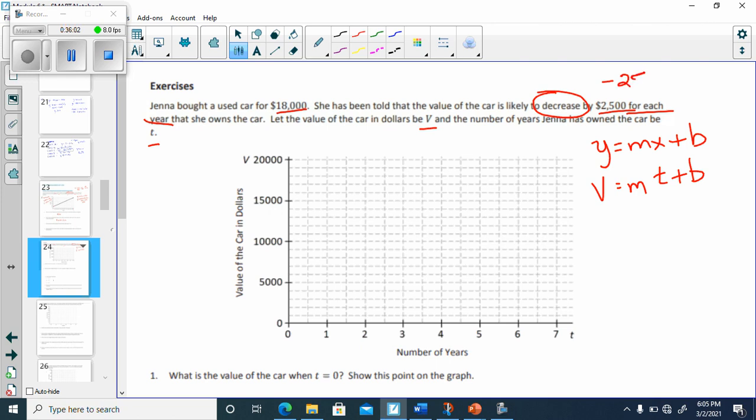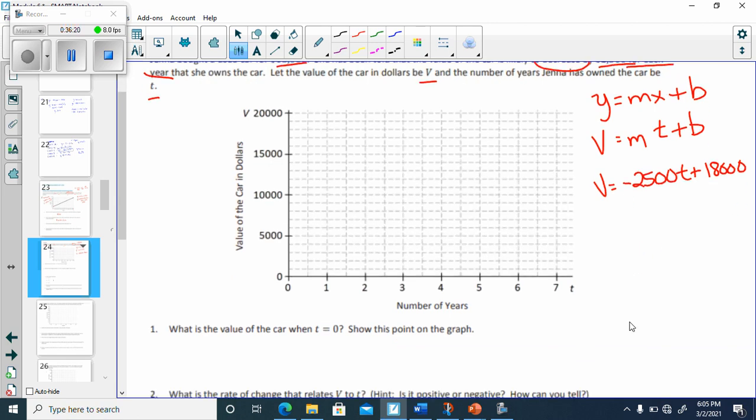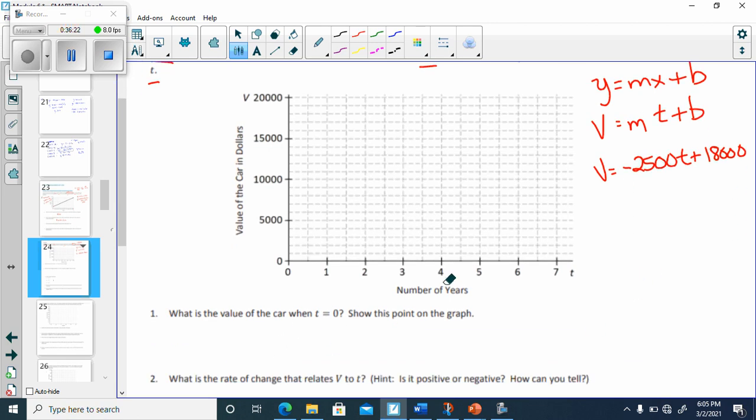Doesn't that mean that it's going to go down? Isn't that negative? So my value is going to be equal to negative 2,500 T plus, where did I start? 18,000. That's my B. That's my initial value. Here's my rate of change. Here's my initial value. What is the value of the car when T is 0?